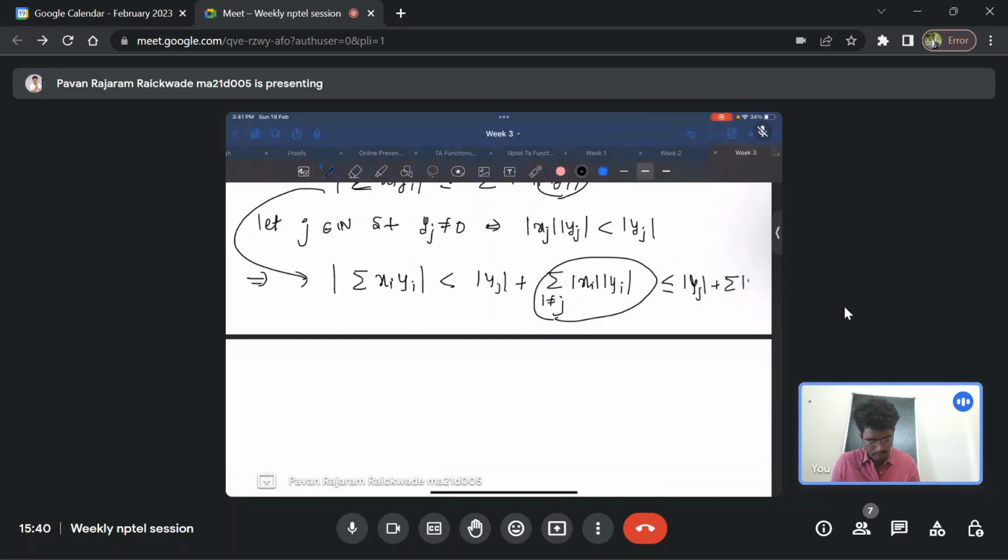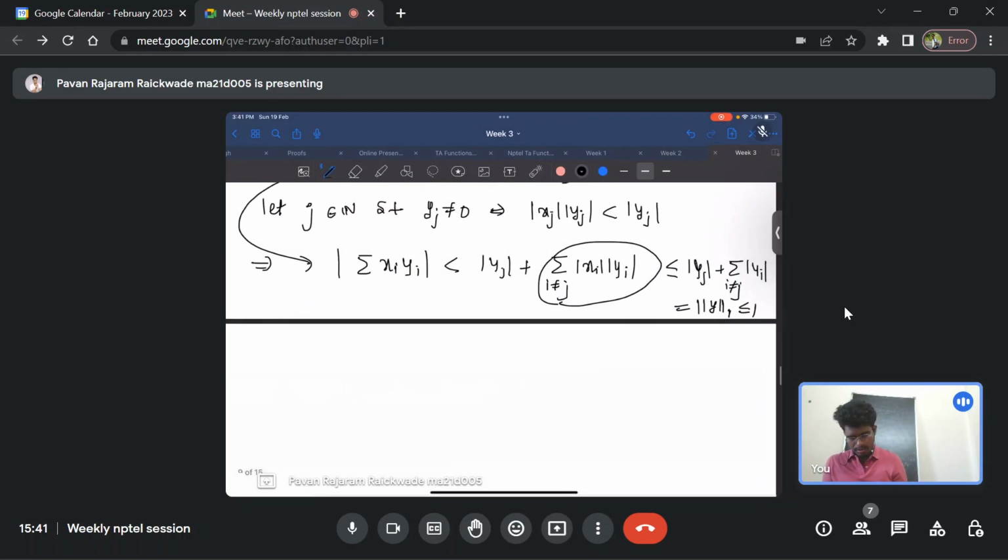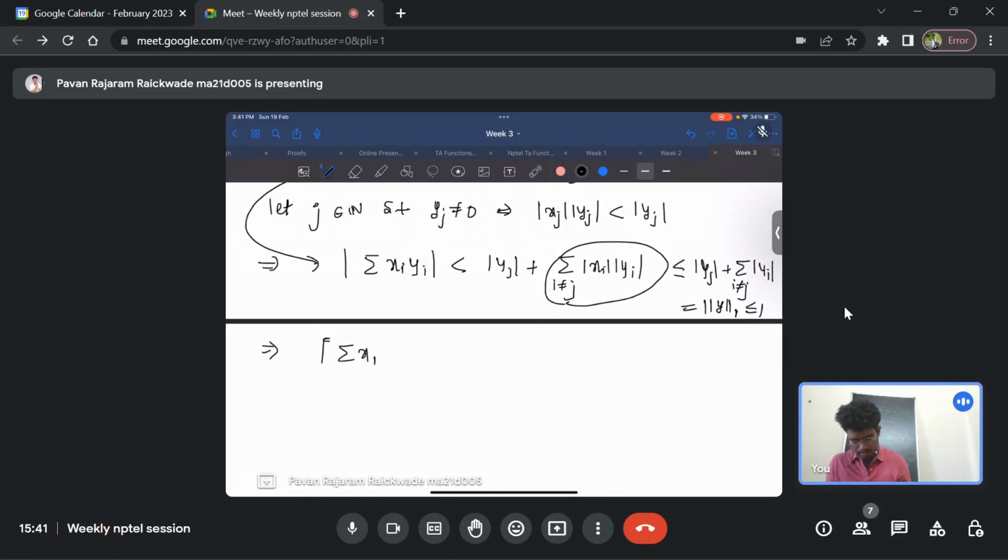plus summation of mod yi for i not equal to j. But what is this? This is simply the one norm of y, which is less than or equal to 1. So ultimately you got the modulus of summation xi yi is strictly less than 1. But what is norm x infinity?